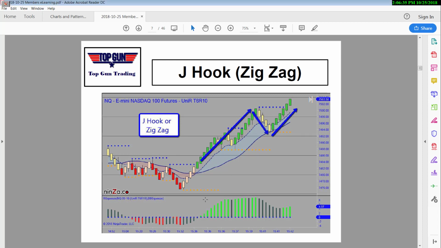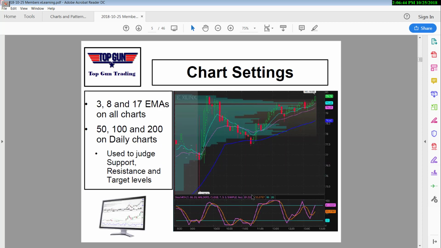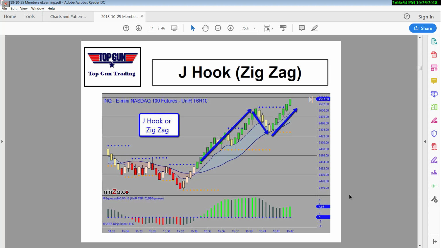So the real pattern here, and in the volume and the squeeze pattern that I have to judge momentum. And whoops, let me go, all right, there we go. It jumped around on me.